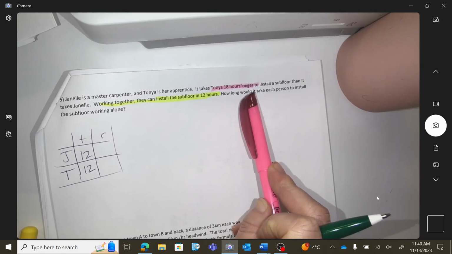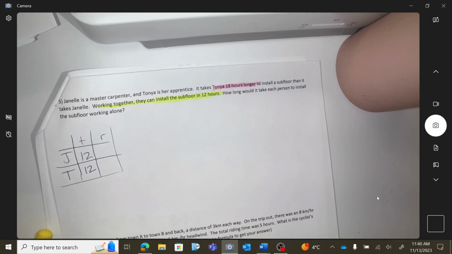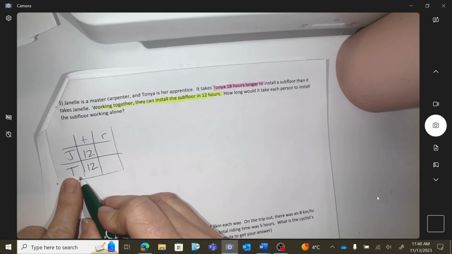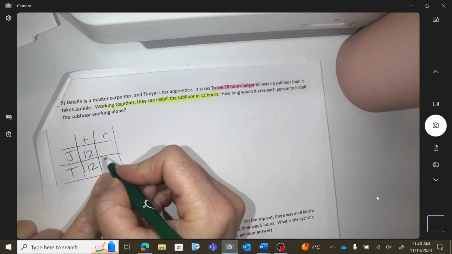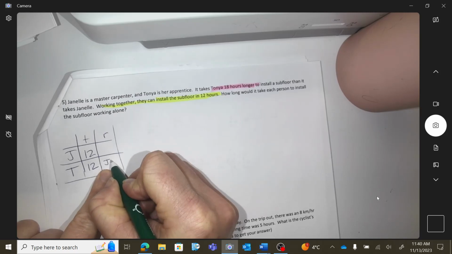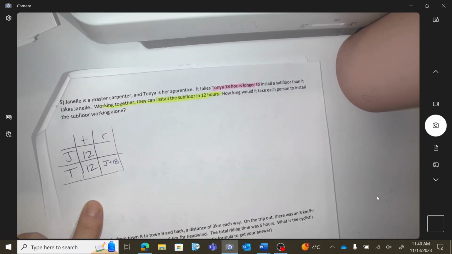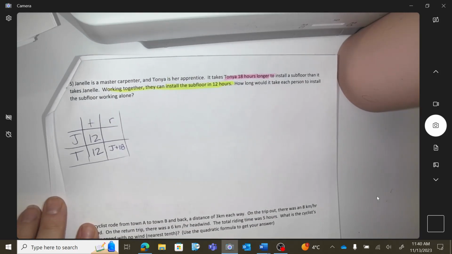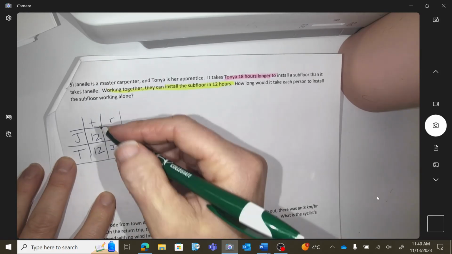So what can I do with that? I can do Tanya, and I can write J plus 18. Does that make sense? Because I don't know how long it takes Janelle, but I know that Tanya is 18 more than that.